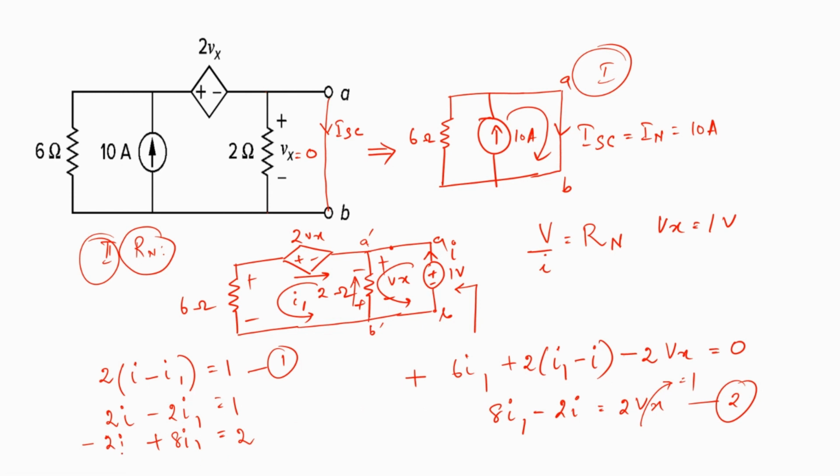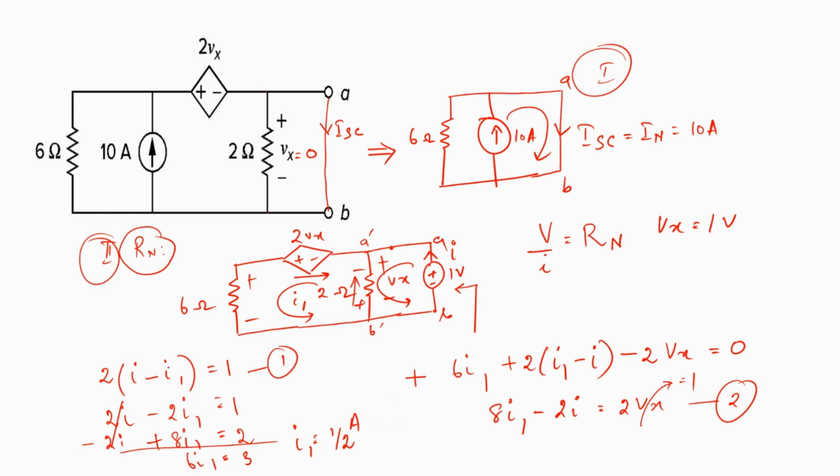So when I solve this, suppose I add both these equations, so this would go out. So this is 6i1 is equal to 3. Therefore, I1's value is going to be equal to 1 by 2 amps, 0.5 amps.